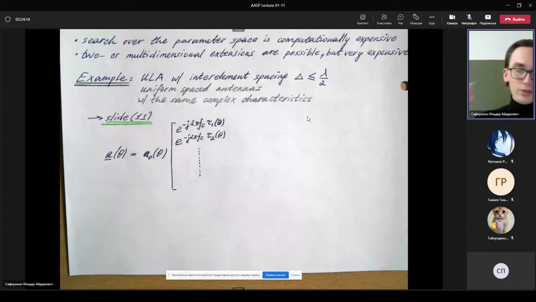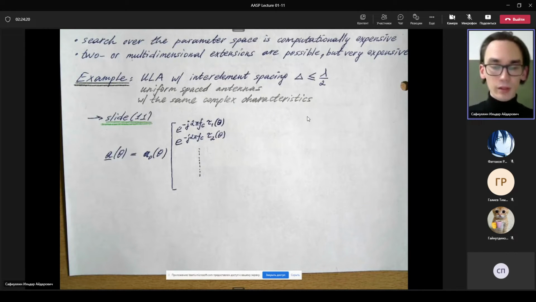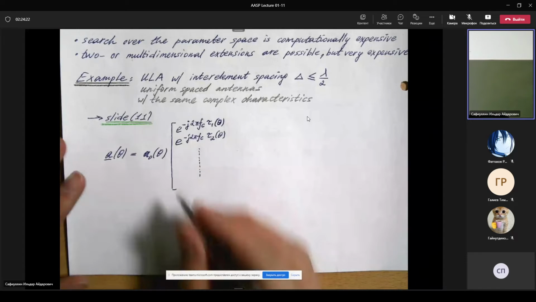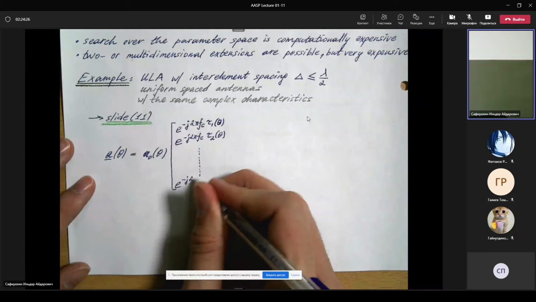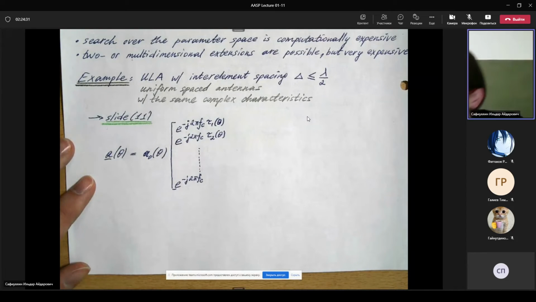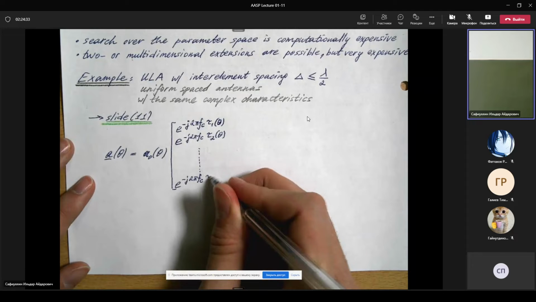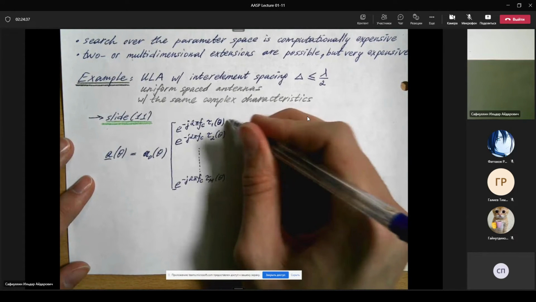So this one for each antenna element or array element. And the last one is e to the power of minus j 2 pi fc tau subscript capital M of theta.